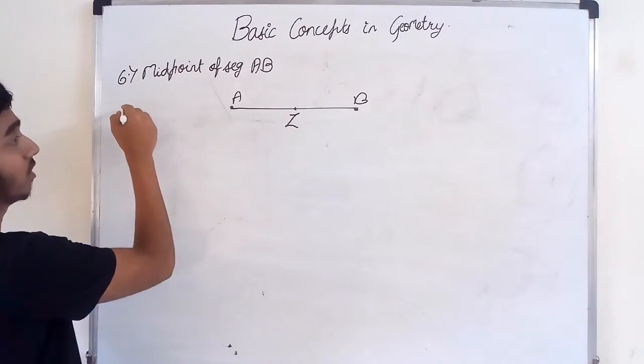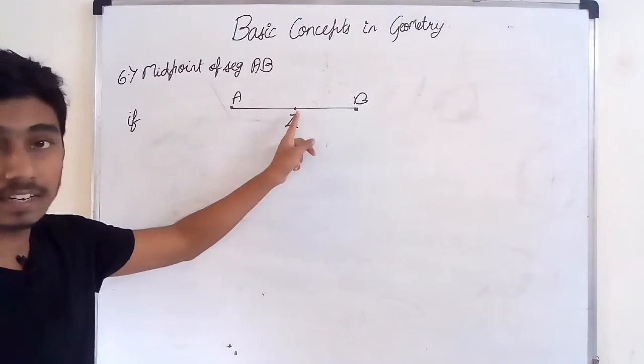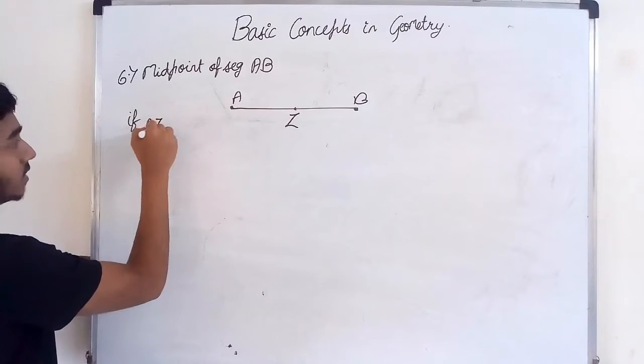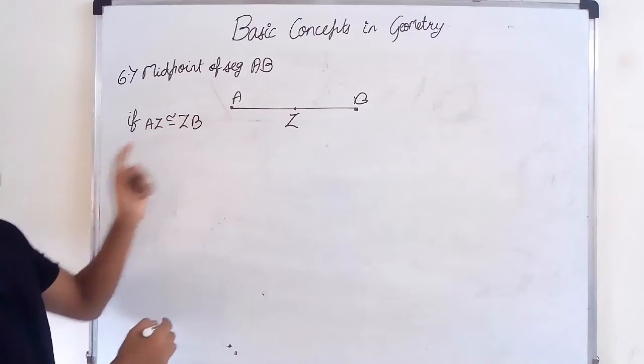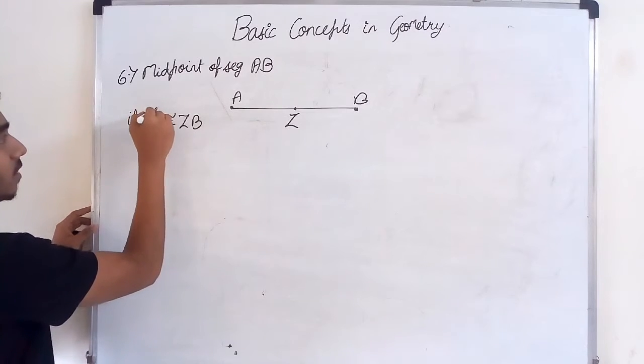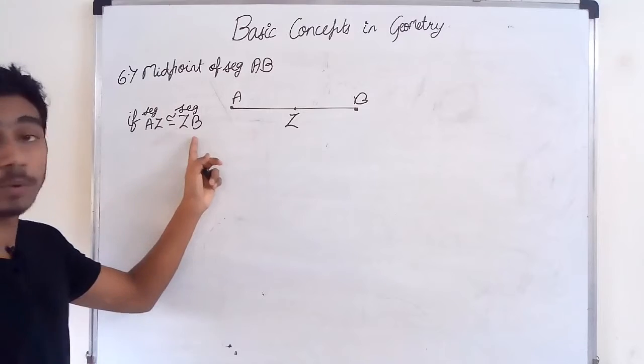Now what is the property of a midpoint? If segment AZ is congruent to segment ZB, you have to write segment.